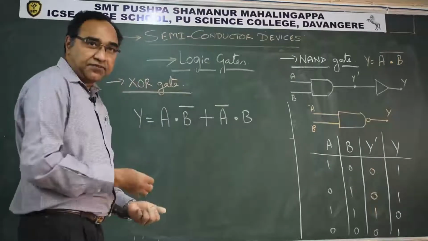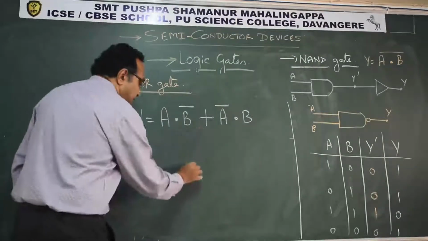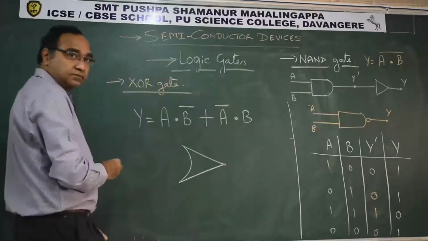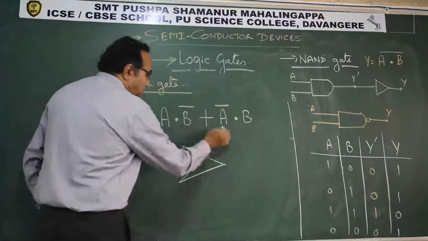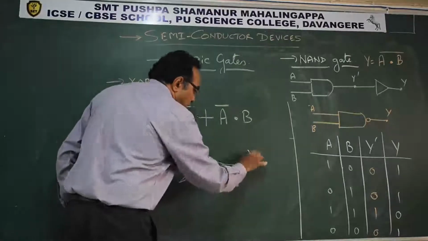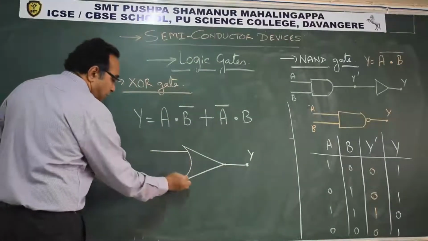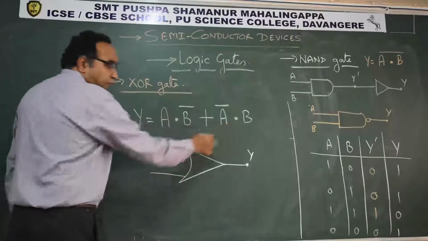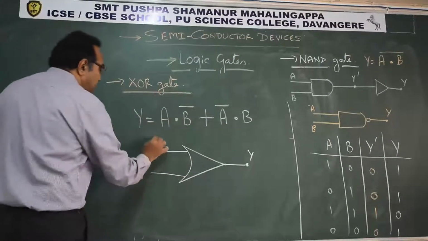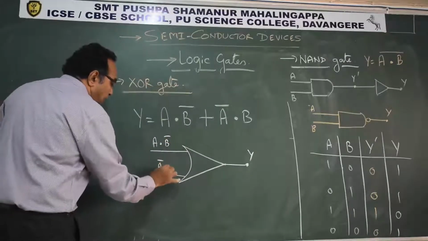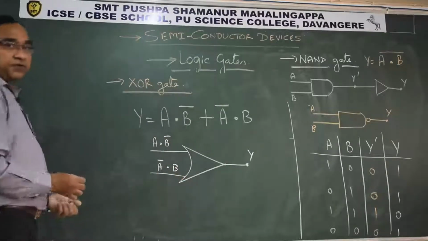So if you want to trace the diagram, this is an OR gate, right? This is the final output, correct? These are the 2 inputs. What are the inputs? A and not B, and not A and B.